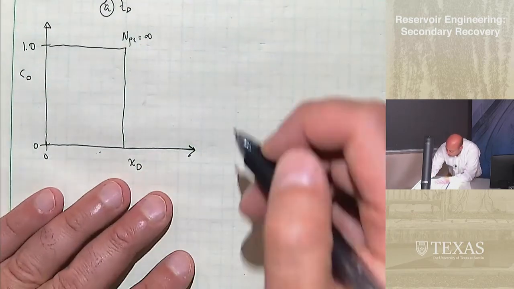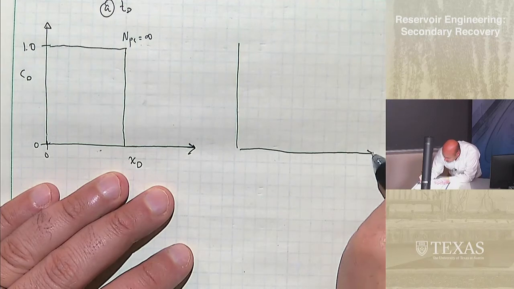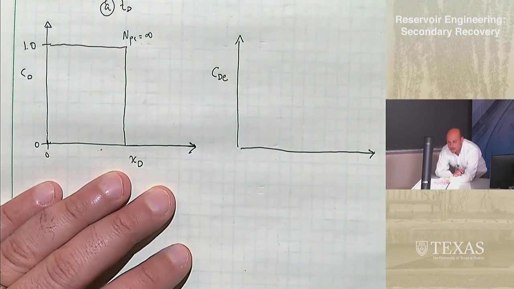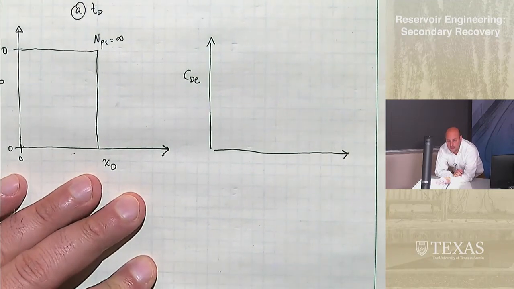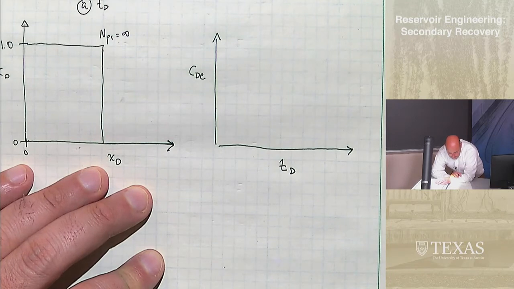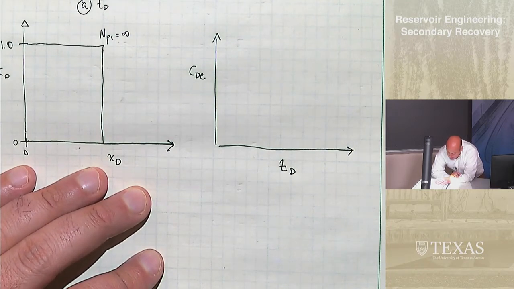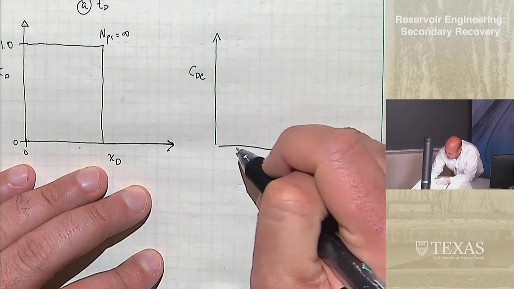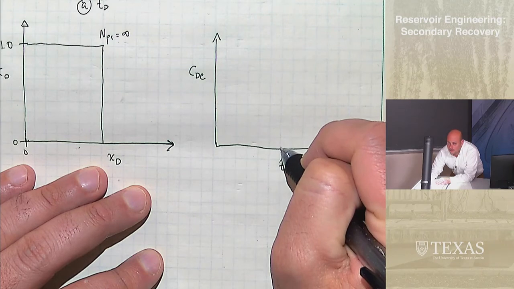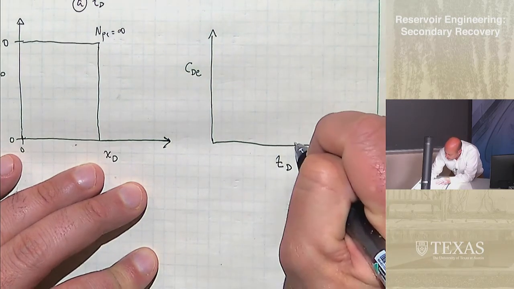Now I could also plot the concentration at the exit. I'll call it CDE. That's the concentration at x equal to L, or xd equal to 1, versus dimensionless time, TD. And if you had Peclet number equal to infinity, what happens is that nothing comes out, none of your solute, none of your component comes out until TD is equal to 1.